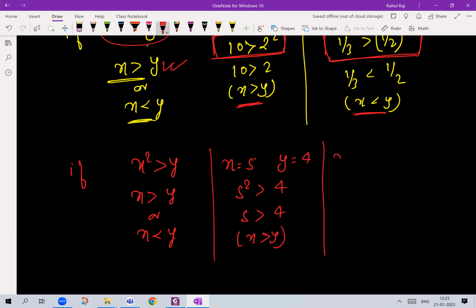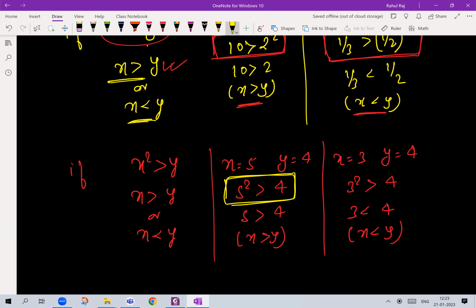Now take x equal to 3, y equal to 4. Can I still say 3 square is greater than 4? Obviously 9 is greater than 4. But 3 is technically less than 4, so x is less than y. So x square is greater than y in both places, but here x is greater than y and there x is less than y.